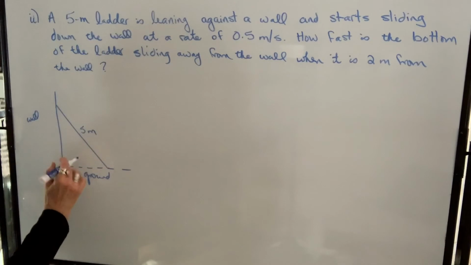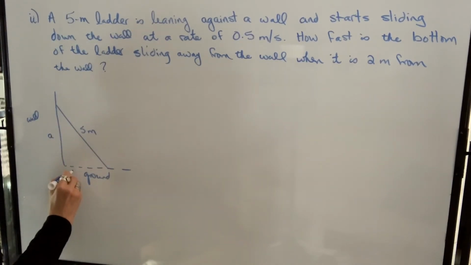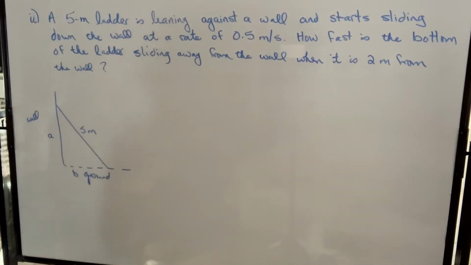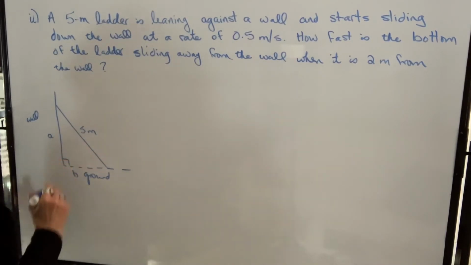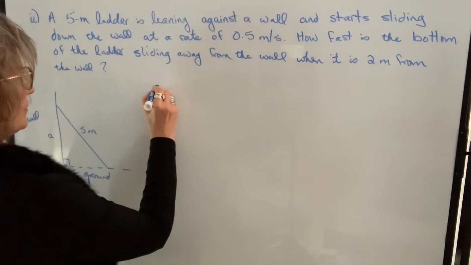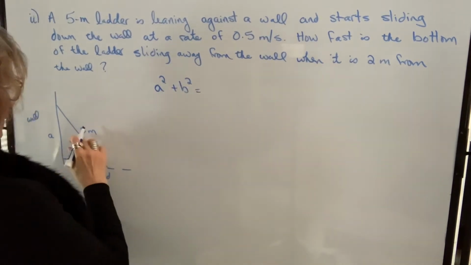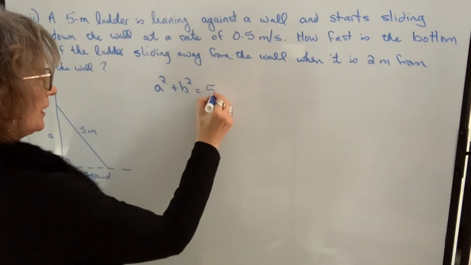So we're dealing with this distance here, which I'm going to call A, and this distance here, which I'm going to call B, and this is a constant distance of 5. This is a right triangle, so the relationship that we're going to use to get an equation between A and B is the right triangle theorem. So we've got A squared plus B squared will equal C squared, but C is a constant value of 5.